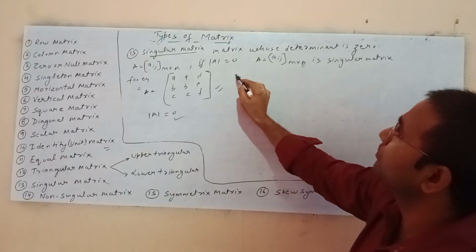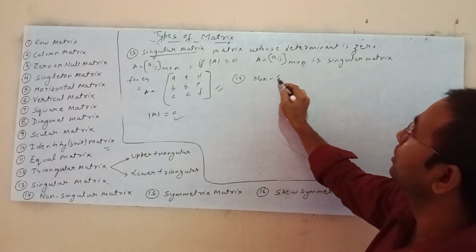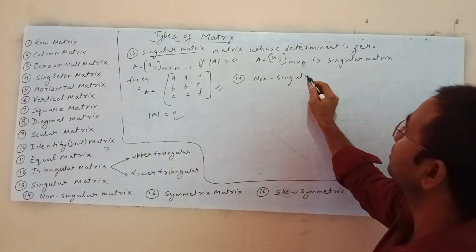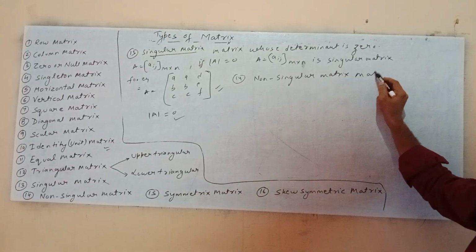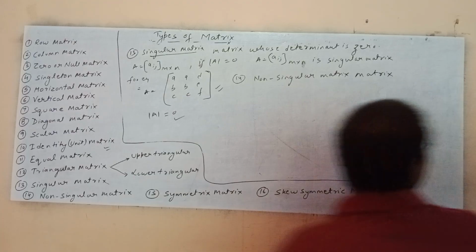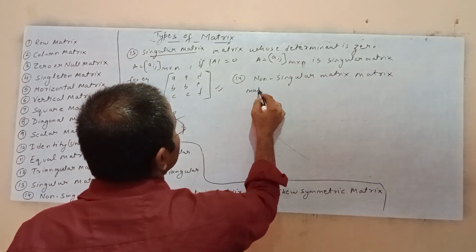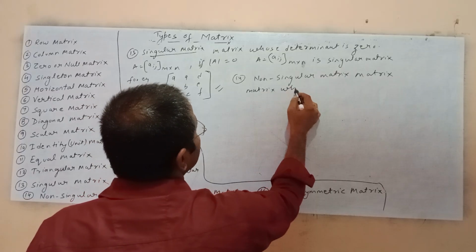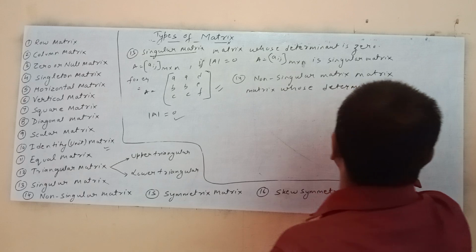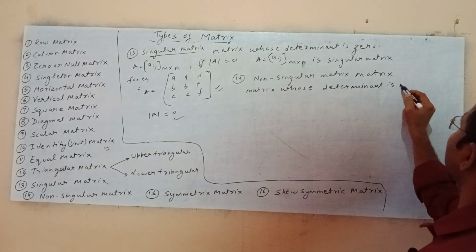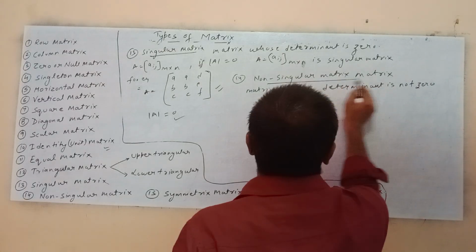Now the fourth one is the non-singular matrix. Non-singular matrix means a matrix whose determinant is not zero.